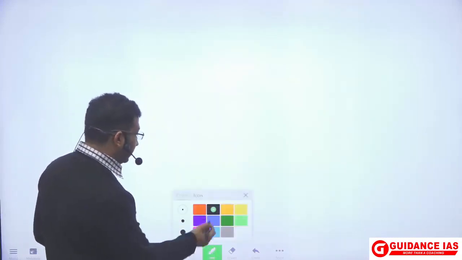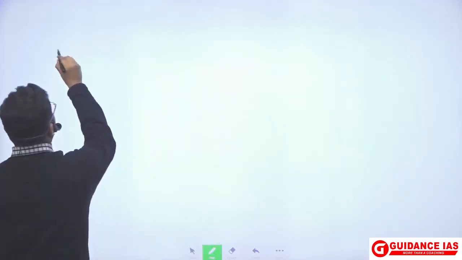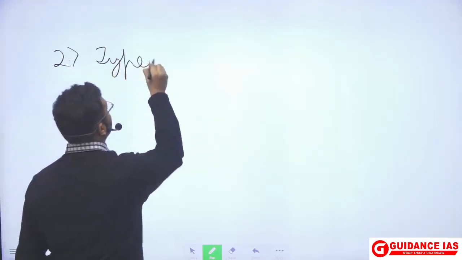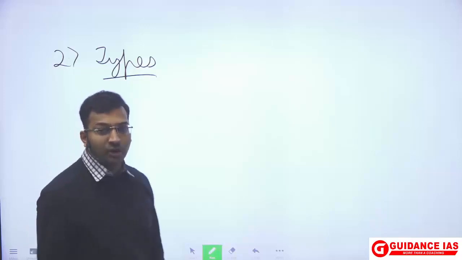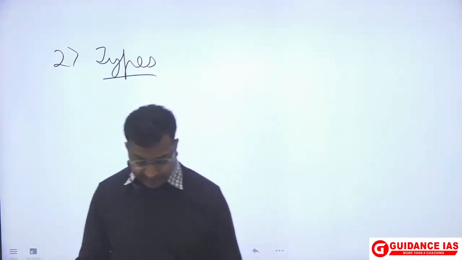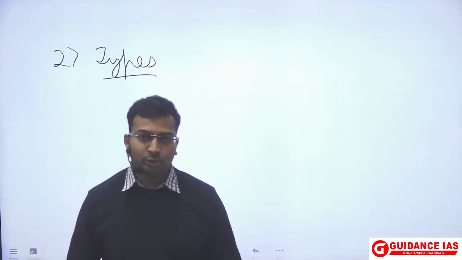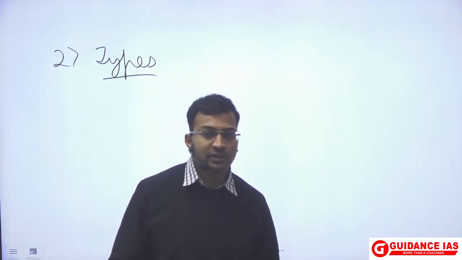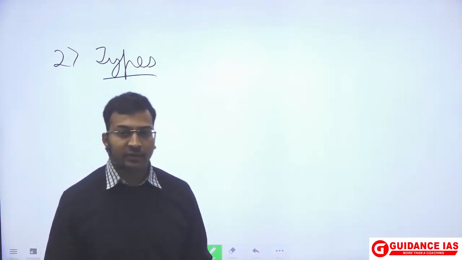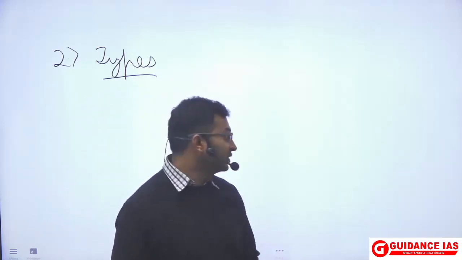Now let's move ahead. We'll be talking about the second point, that is the types of temperature inversion. Okay. As I said initially, basically there are two types of temperature inversion. One is the surface inversion and the second one is the upper air inversion.